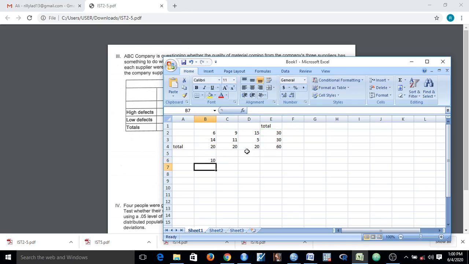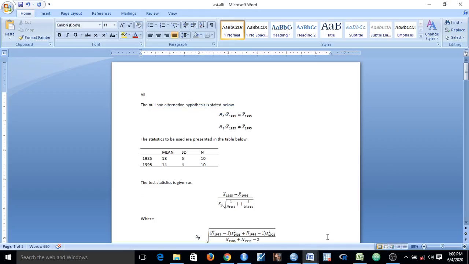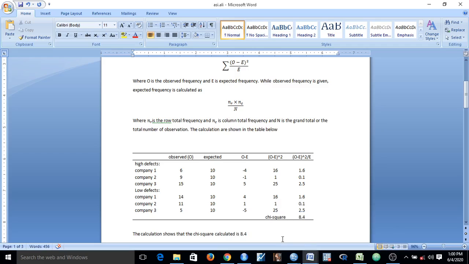So we have 10. That's how we calculate for this one: the column total multiplied by the row total, then divided by the grand total, 10. So that's how we have all the results we had here.